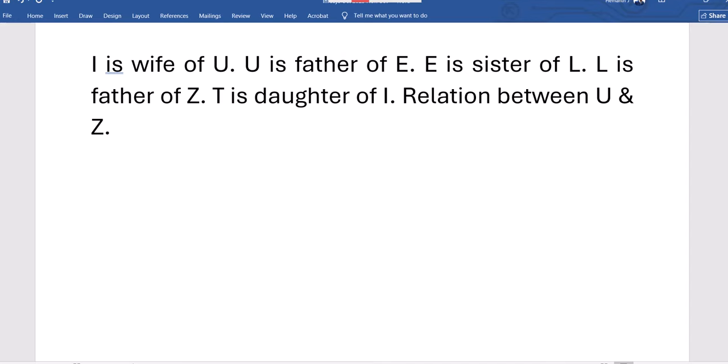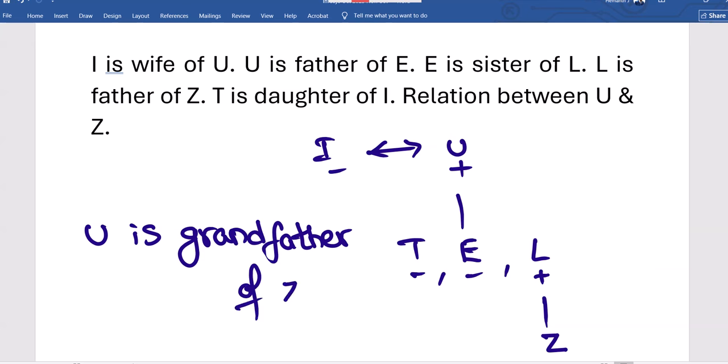So U is grandfather of Z. Z is a grandchild, but we cannot say grandson or granddaughter because Z's gender is unknown. U is grandfather of Z. That can be concluded. Relation between U and Z.